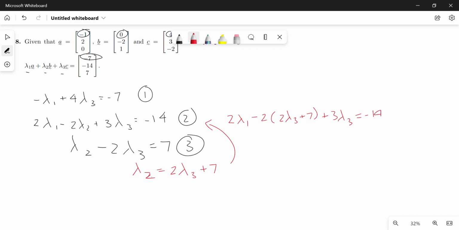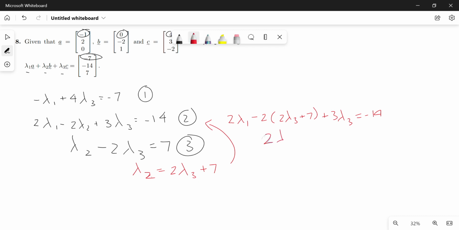Okay, and if I just take 2, I'll bring it across here. I'll do it in a different colour, maybe. Actually, let's just simplify that a little bit. I'm going to have 2 lambda 1's, no problem, and I'll keep that in red because it's the same one.